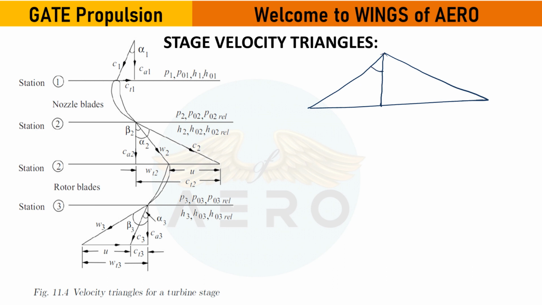This is your beta value, W. This is your C. This is your alpha. From here to here is your U. This is your WT, and this is your CT.